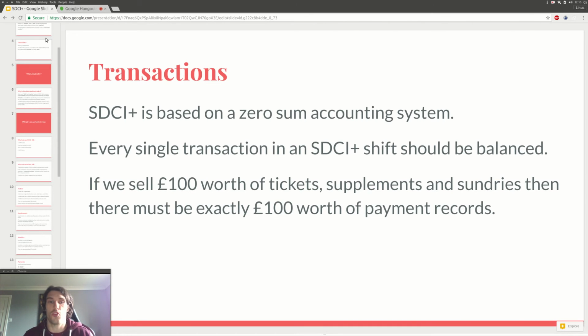It should equal 0. If we sell £100 worth of tickets, some supplements and sundries, then there must be exactly £100 worth of payment records in the same transaction to offset that. So on an individual basis, every transaction must balance, and therefore the whole shift will balance.